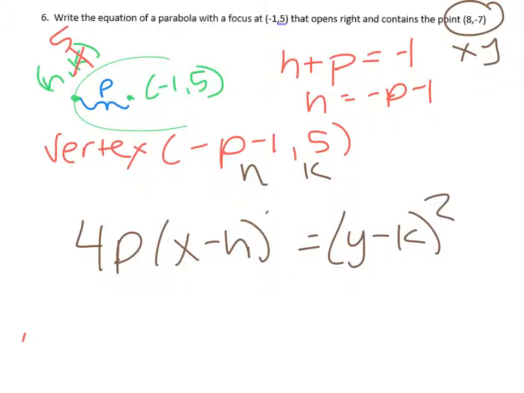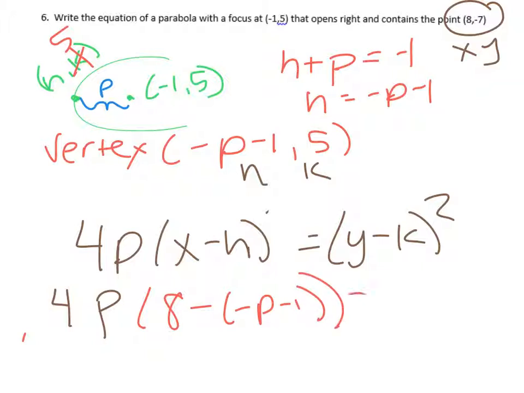So we're going to plug in everything that I have. 4p, my x comes from my 8, minus my h, which comes from this, -p minus 1, equals my y, which comes from this -7, and my k comes from the 5.